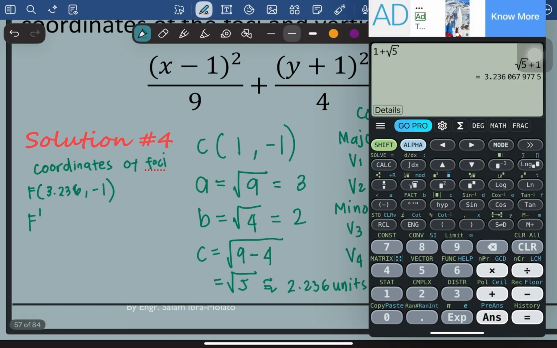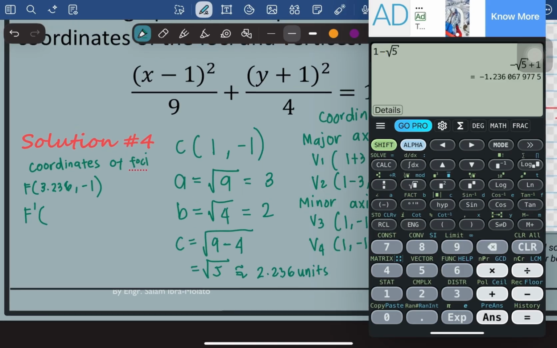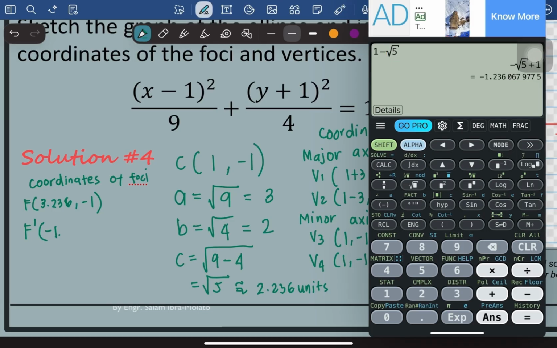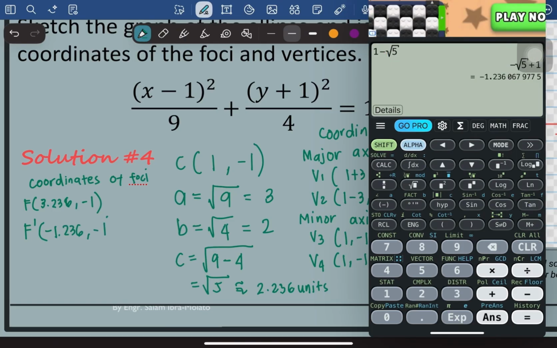Then F prime for the second focus. You are going to subtract square root of 5 from the x coordinate. We get negative 1.236, negative 1.